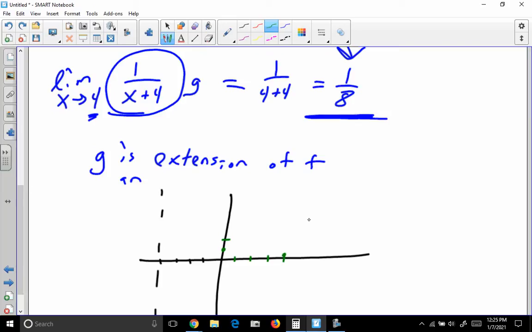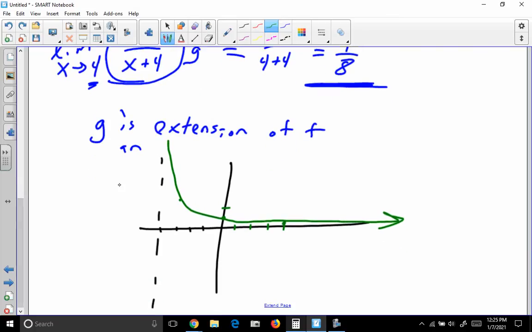If we pick negative values like negative 3, we would be at 1. So this function is doing like this. If we continued going to the left side, we would be doing like this. So this green, that's the function g. Notice x cannot be negative 4. We are undefined at negative 4.